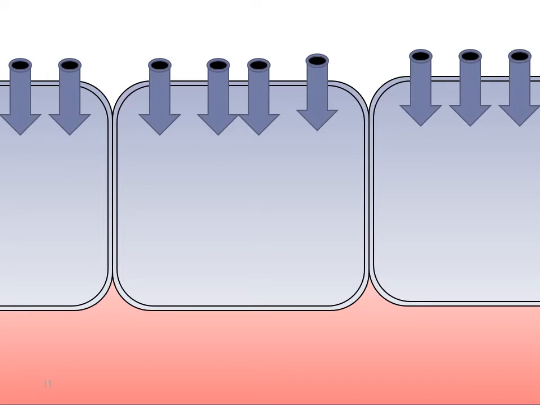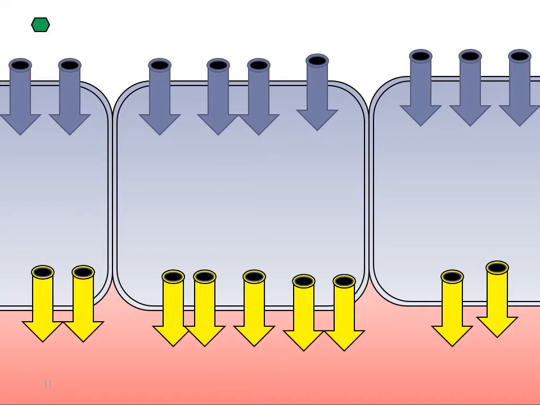So if we look at a bunch of cells here from the side view, I may have transport proteins in the plasma membrane capable of pumping glucose into the cell. On the other surface, I may have proteins that pump glucose out of the cell. And if this is my intestines, I would then pump glucose in one direction, from my food into the blood.